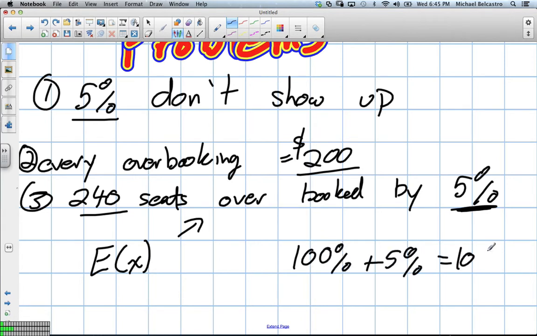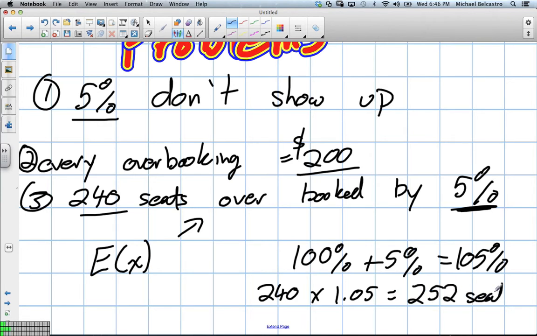So 105% of seats are booked. We take 240, multiply by 1.05 as a decimal, to find out exactly how many seats are booked, and it turns out that 252 seats are booked on a flight like this.